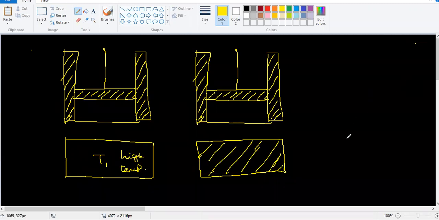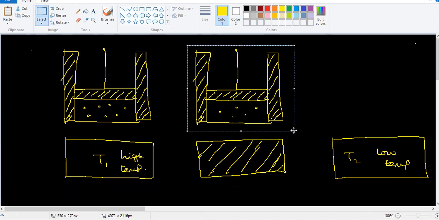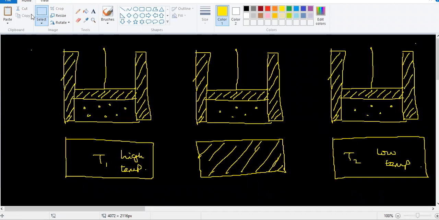Similarly, if I want a sink, you know what is a sink? Sink means you can dump the heat. So this will be at a low temperature. When you put a high temperature, the heat will be going this way, going into the gases.